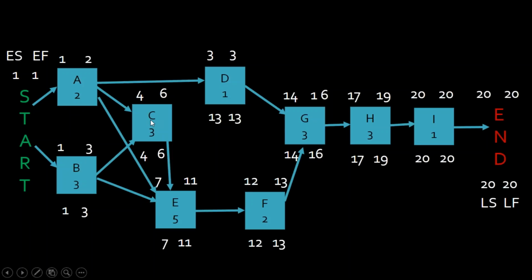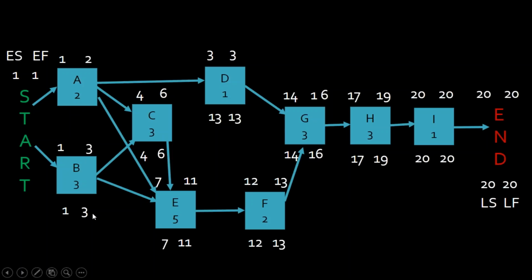Let's do one more time. For me to decide when is the very latest I can finish B, I have to look to the tasks that are dependent upon task B being completed. That's C and that's E. I'm looking at the late starts. The very latest I can possibly start C without affecting my schedule is day 4. The latest I can possibly start E without affecting my schedule is day 7.